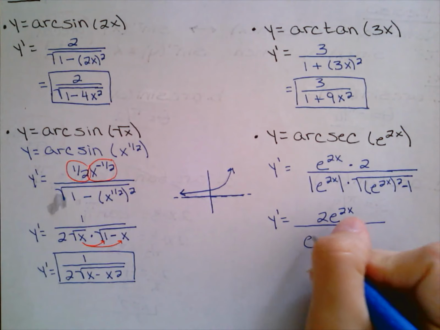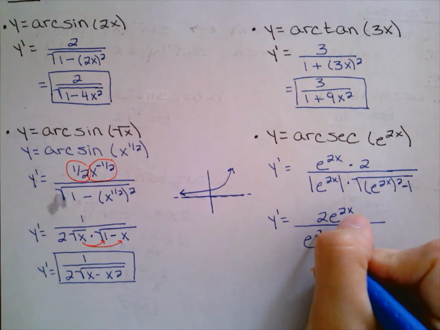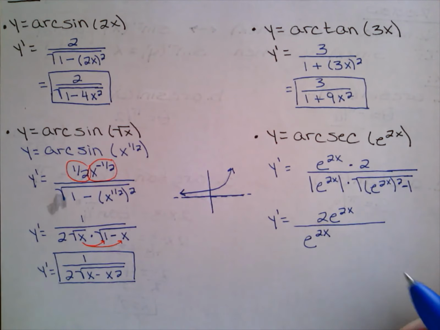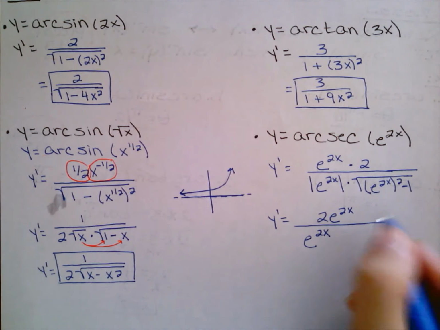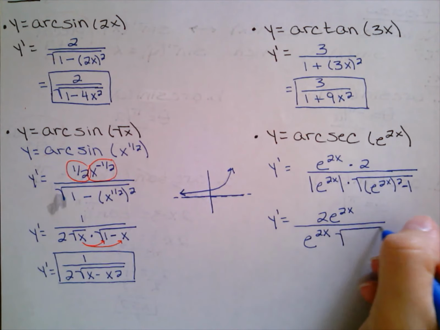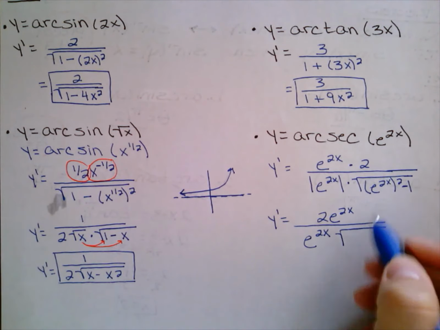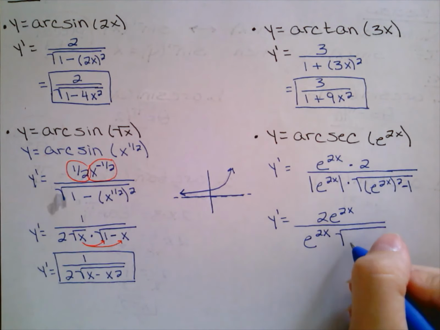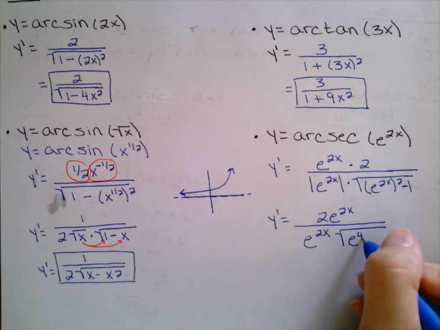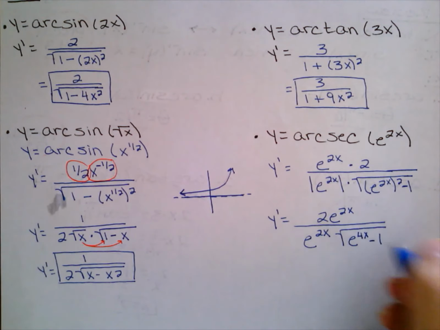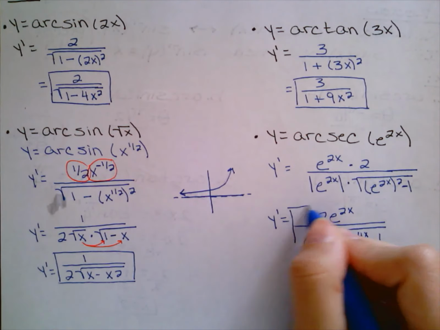So in a multiple choice, they might try and trick you by taking them away and you thinking it's not the right answer, but it is equivalent, okay? And last, we have an exponent to an exponent, so we multiply. 2x times 2, I can write e raised to 4x minus 1. And you're done.